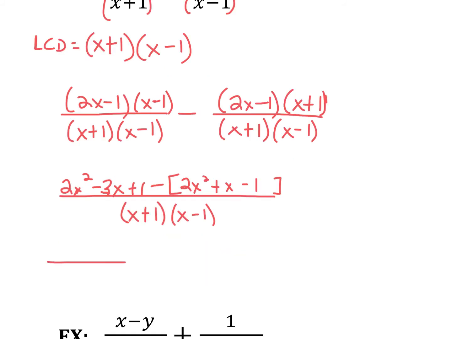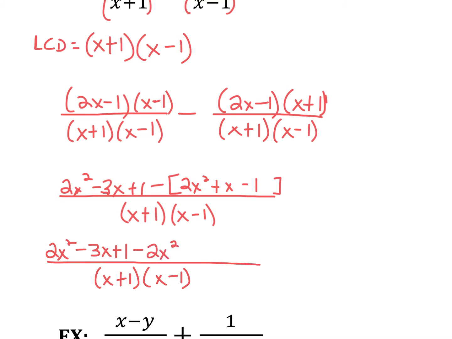All right, well, if I continue on in my work, I still have a least common denominator of x plus 1 times x minus 1. And then to continue my work on the numerator, I have 2x squared minus 3x plus 1. And then I need to distribute the negative 1, so I get negative 2x squared minus x plus 1.